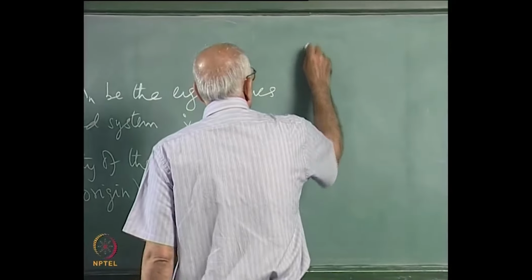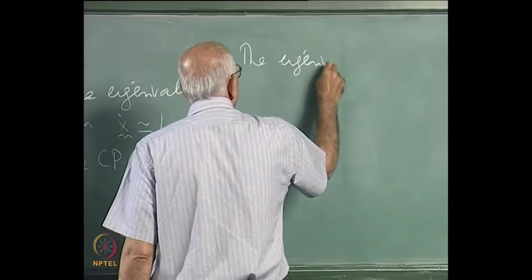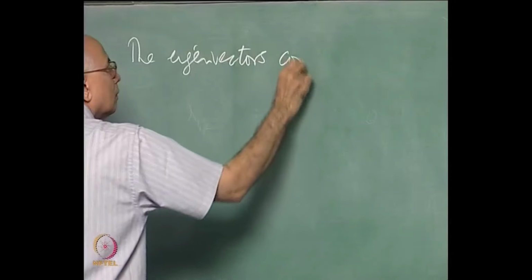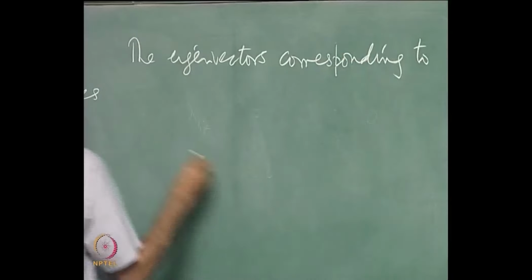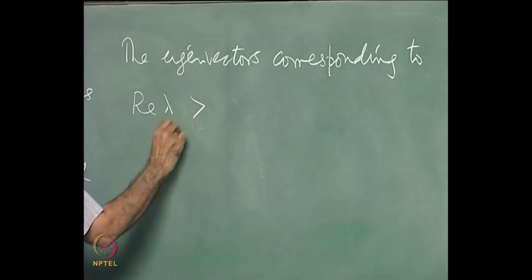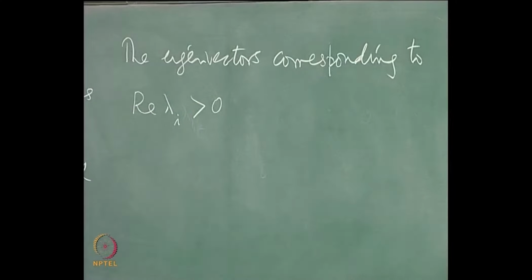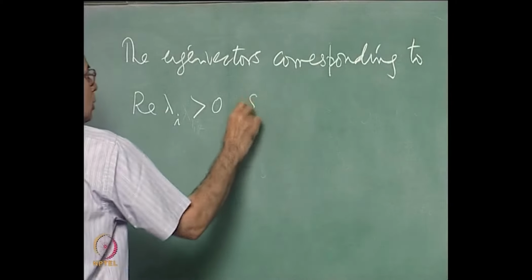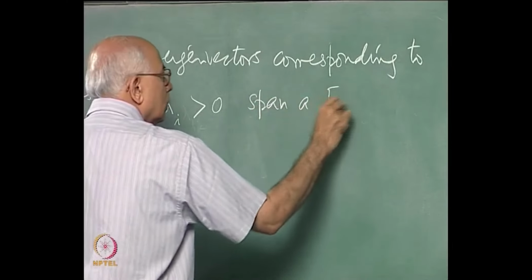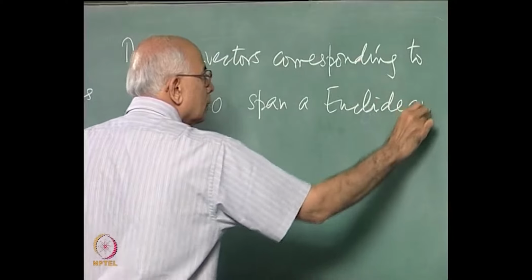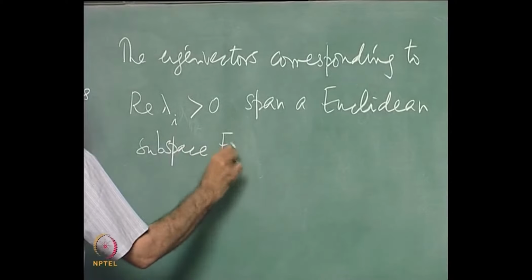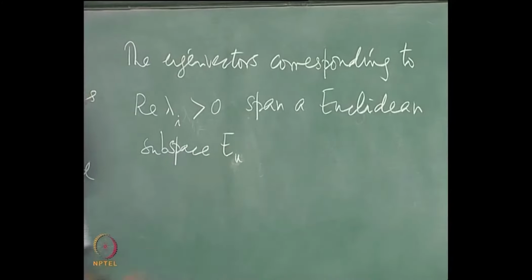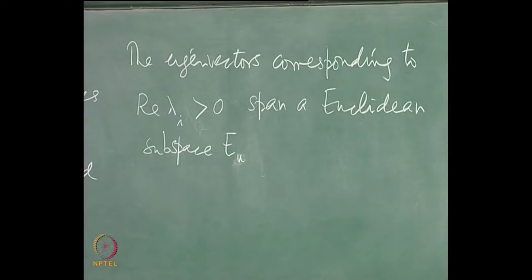The set of eigenvectors corresponding to those eigenvalues whose real parts are positive, these eigenvectors span a Euclidean subspace E, let me call it E U. The reason for the subscript U will become clear in a second.